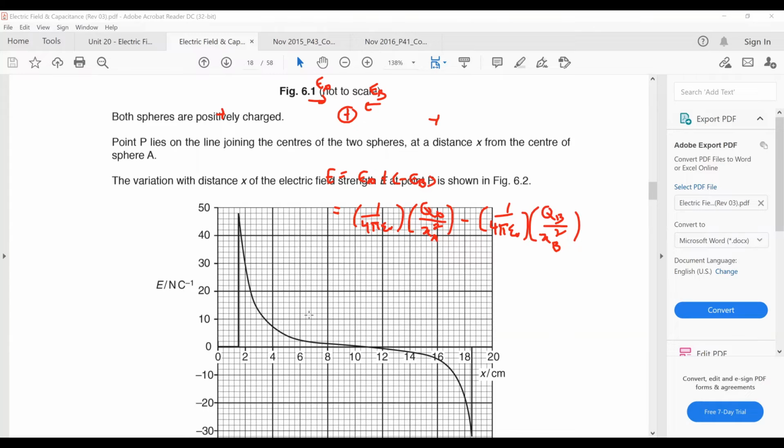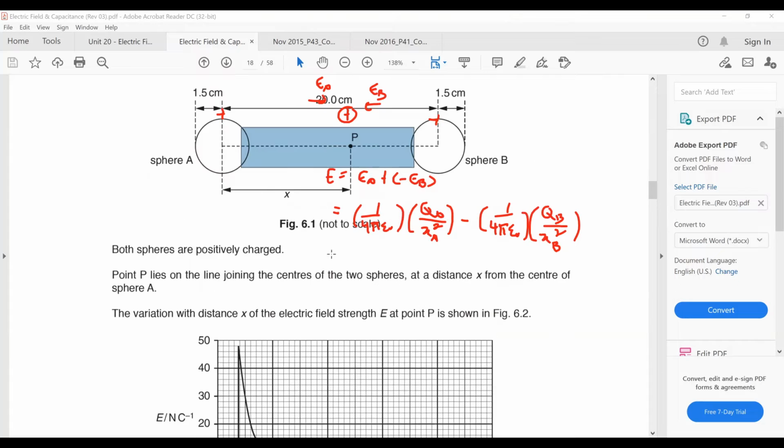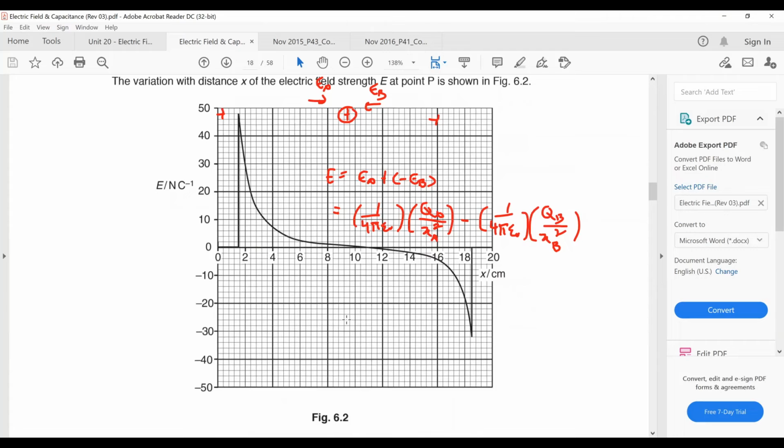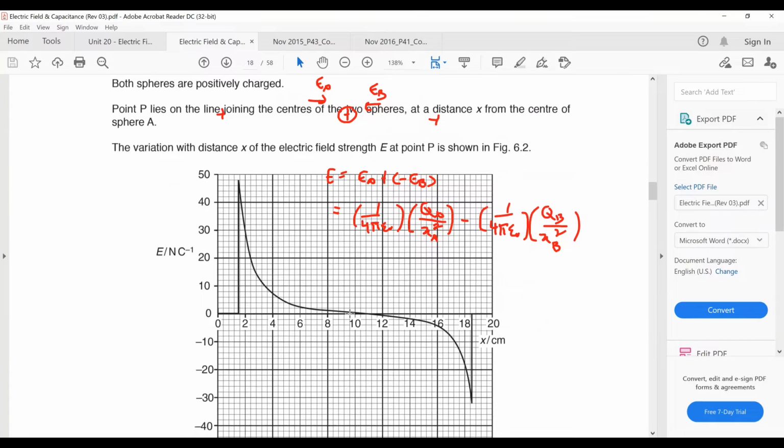This is talking to you about the resultant electric field strength between these two charges. How they got this shape was based on this equation after they consider the effects of both spheres. Also you'll notice that when they drew it, inside the sphere itself, they indicated your field strength is 0, consistent with what you just learned.